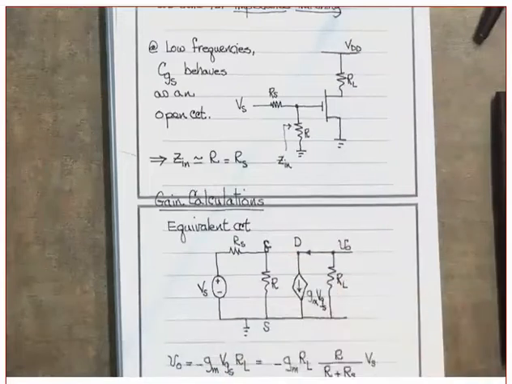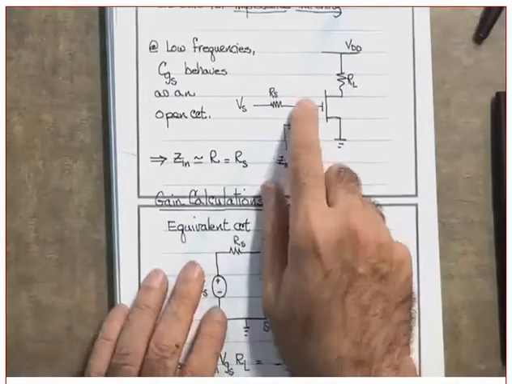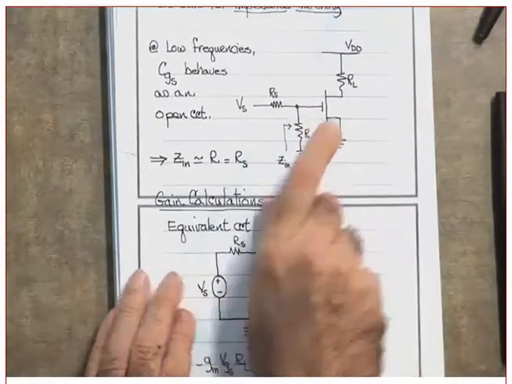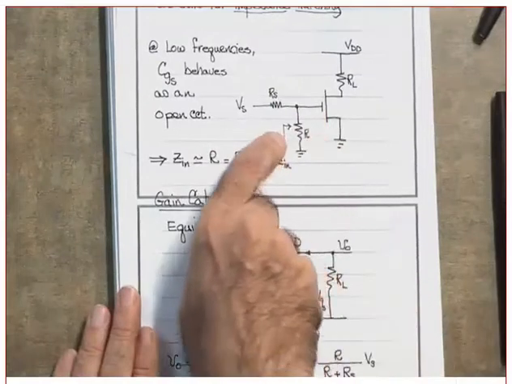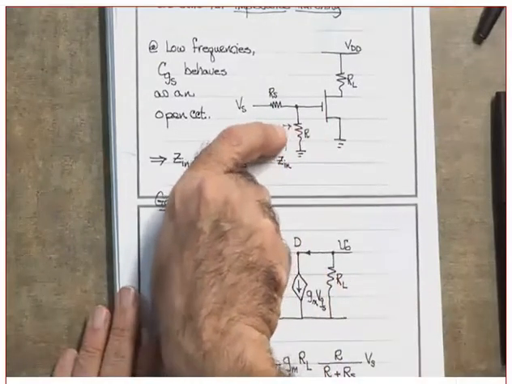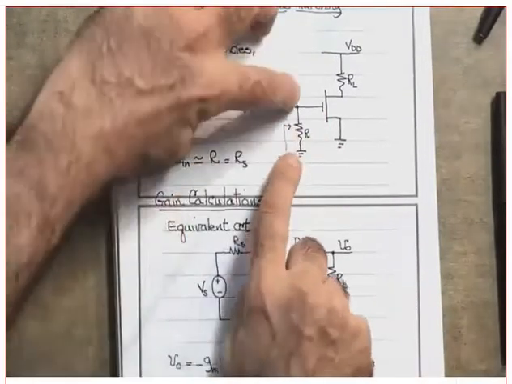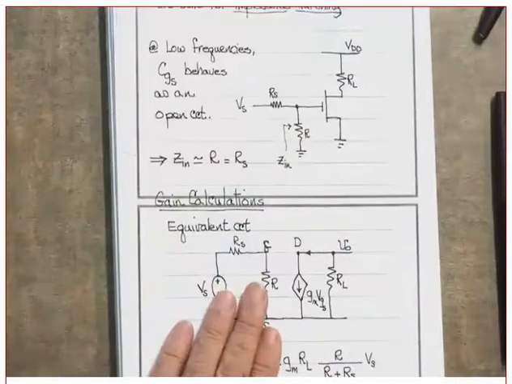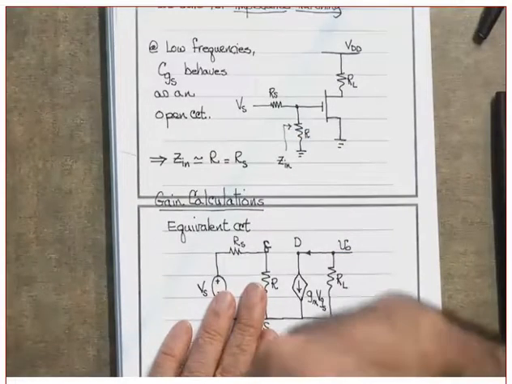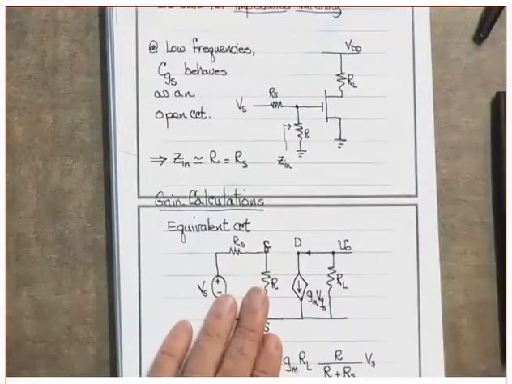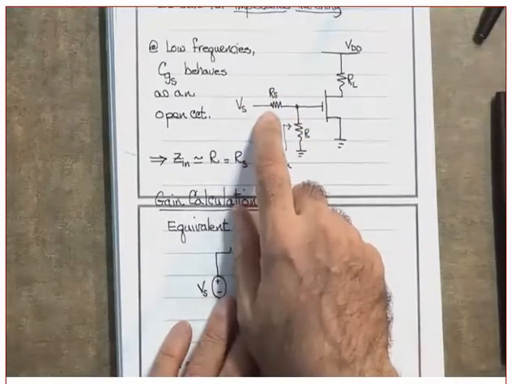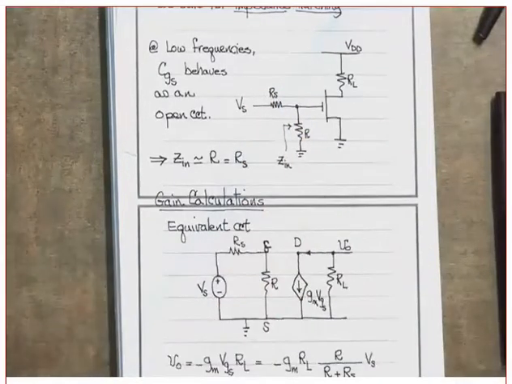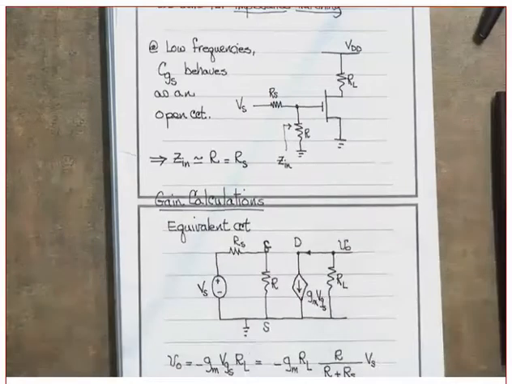RF has high frequencies, but assuming that the frequency is low, if you look at the impedance between these two ports, what you will see is only R in parallel with something which is of high impedance. Are you following? So we end up with just R. So if we make R equal to RS, we achieved the maximum power transfer. It was a very simple solution, and it's a workable solution.